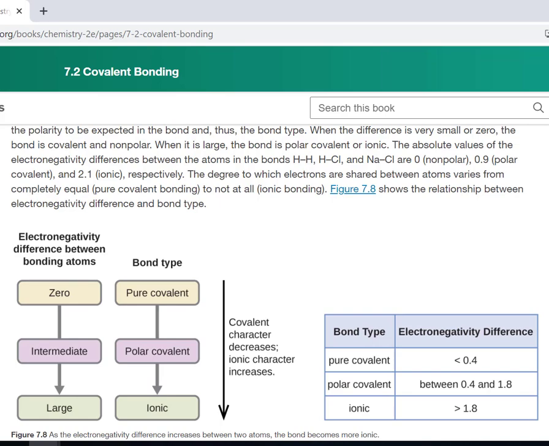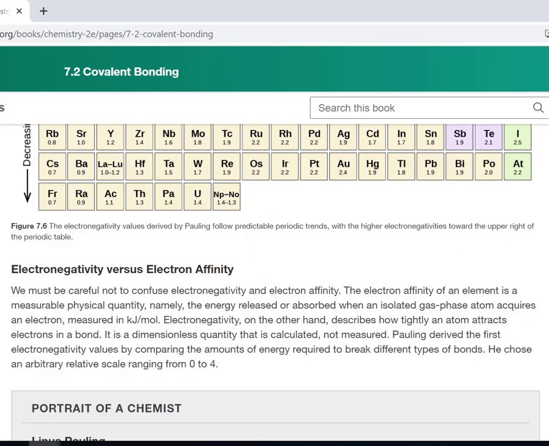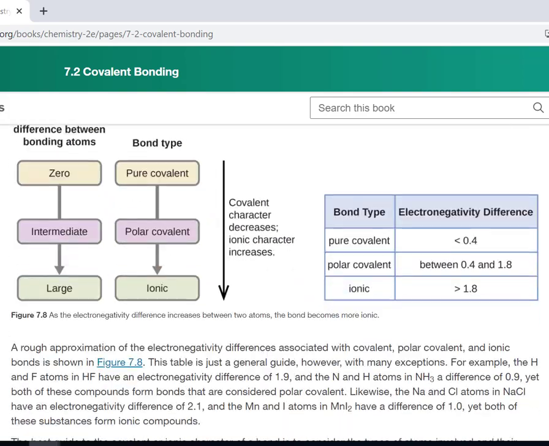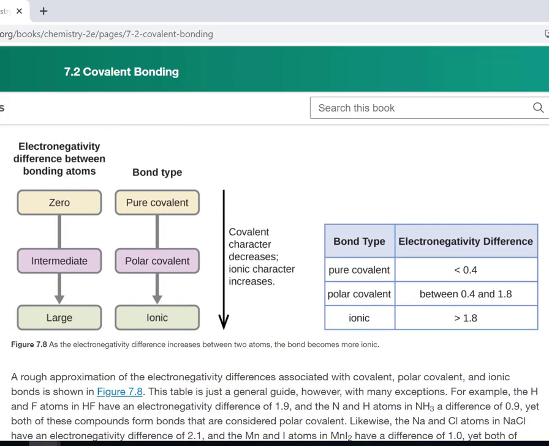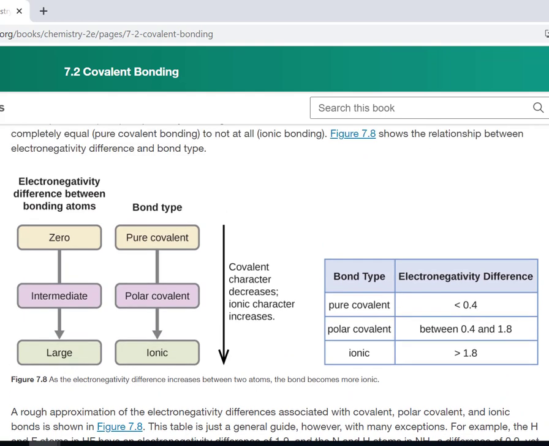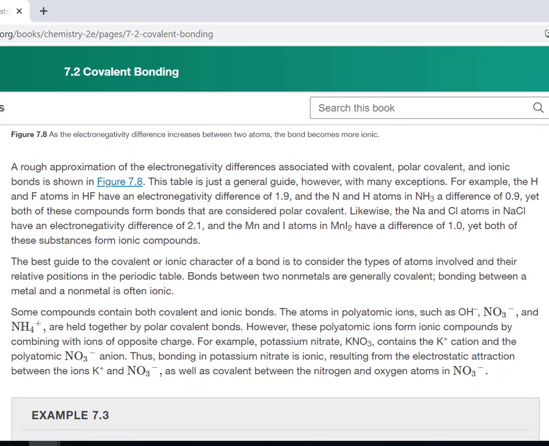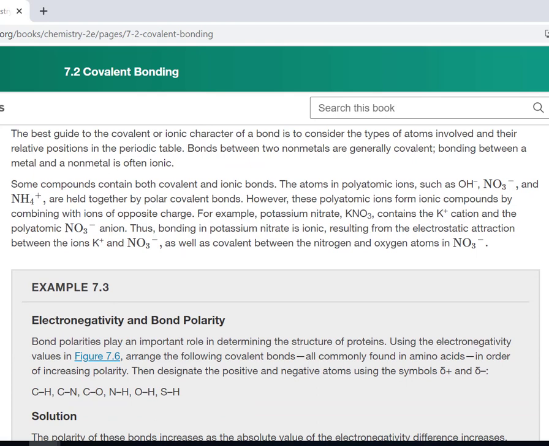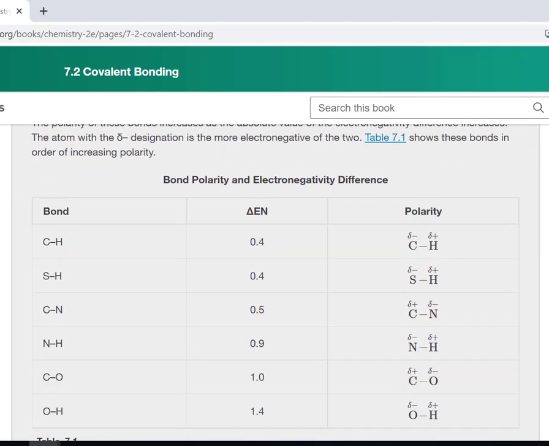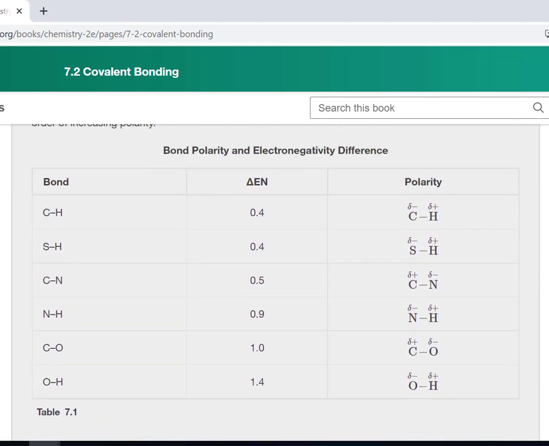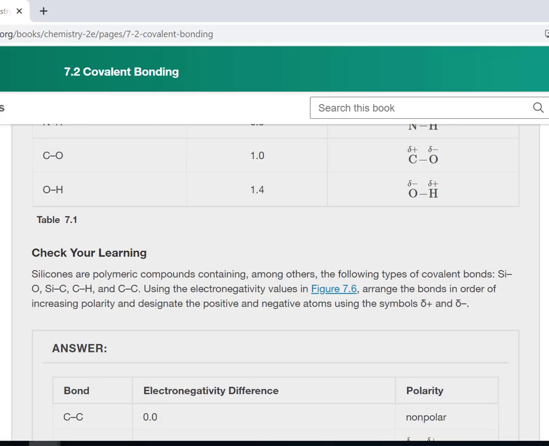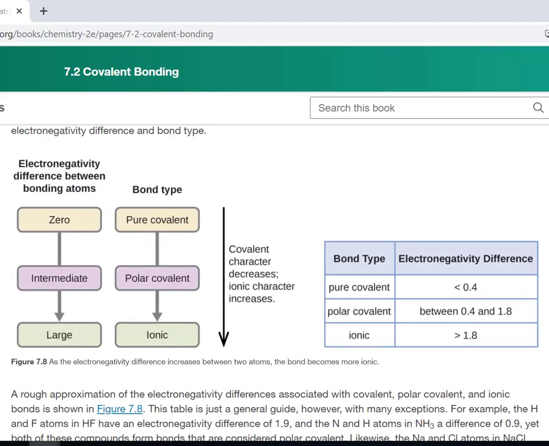If you are provided with this information, you would also be provided with this information, and then from that you would make your decision. This is a rough approximation, but it works in many situations. There are some examples here of calculations related to that and how you would make the decision on polar or nonpolar bonds. So that is it for section 7.2.